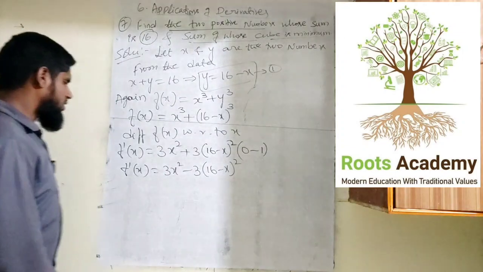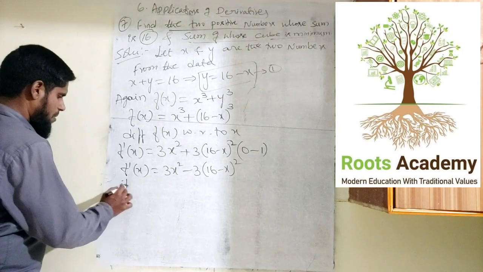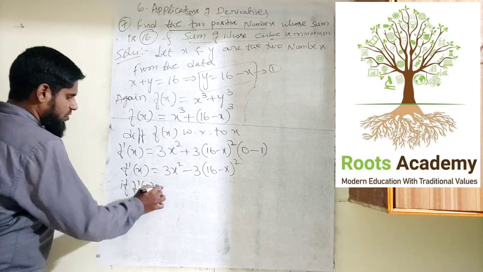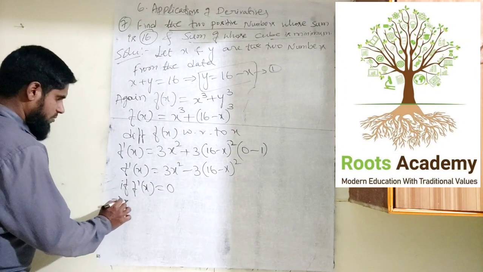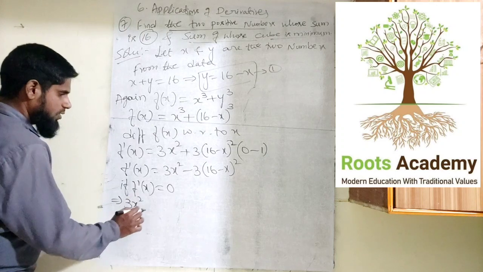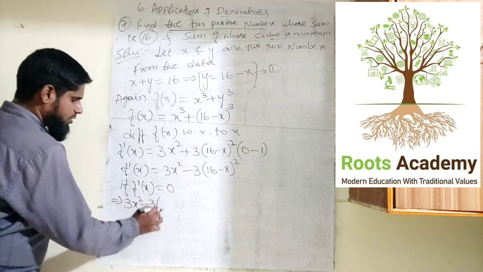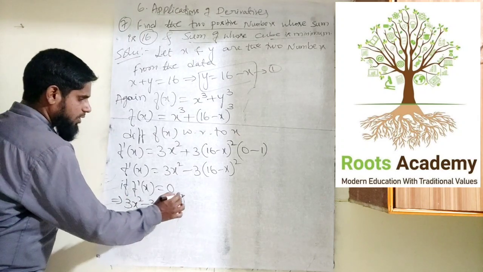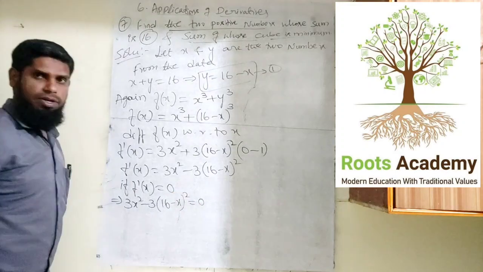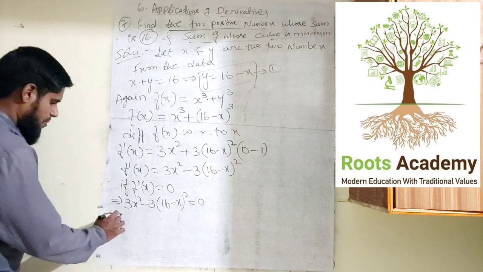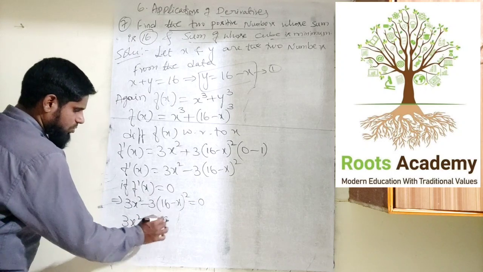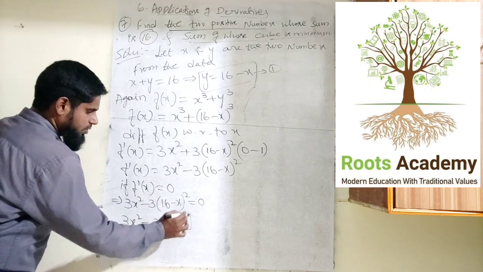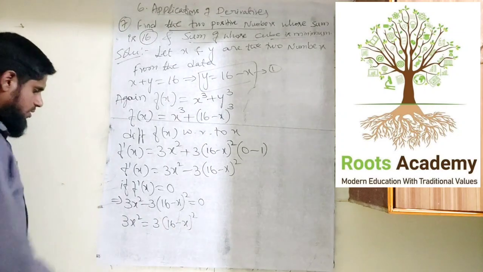Now, if I consider f dash of x equal to 0, this implies 3x square minus 3 into (16 minus x) whole square is equal to 0. 3x square is equal to 3 into (16 minus x) whole square.